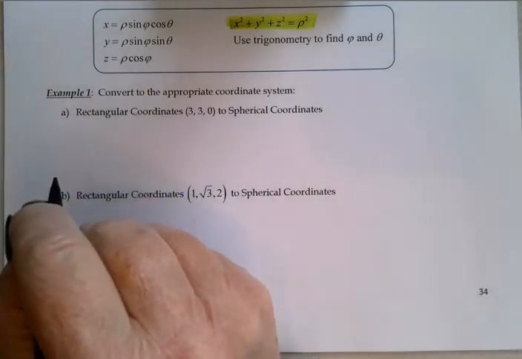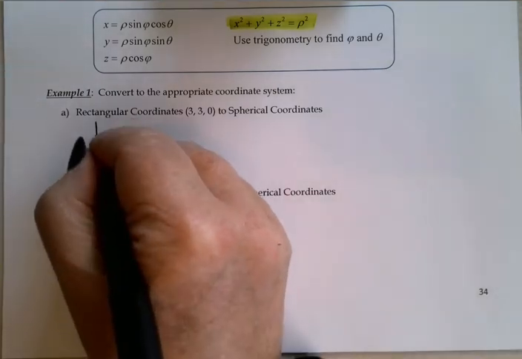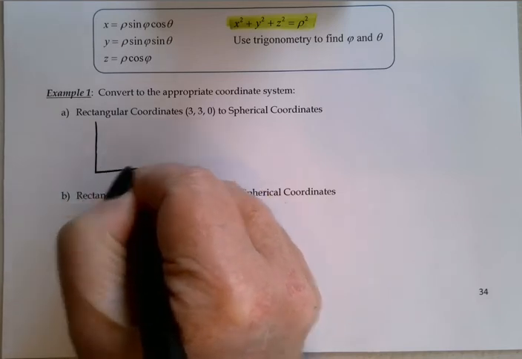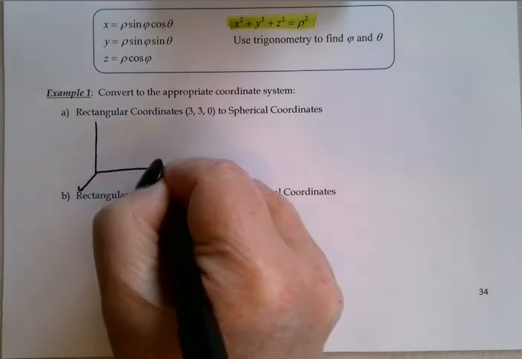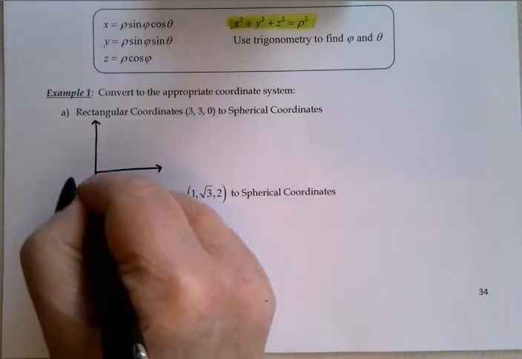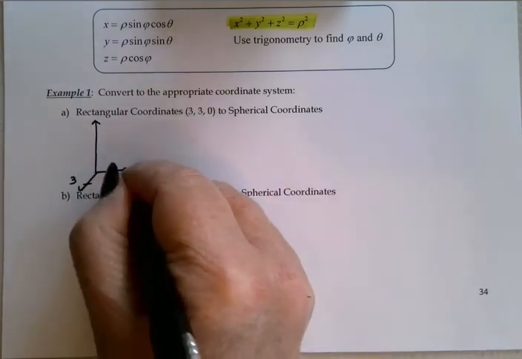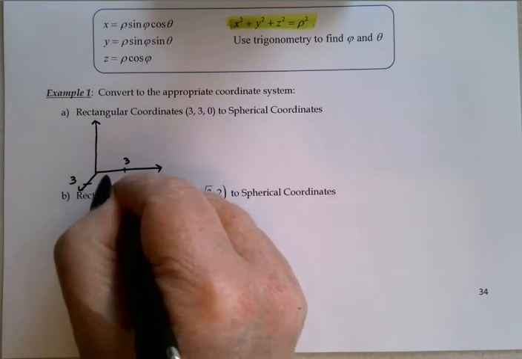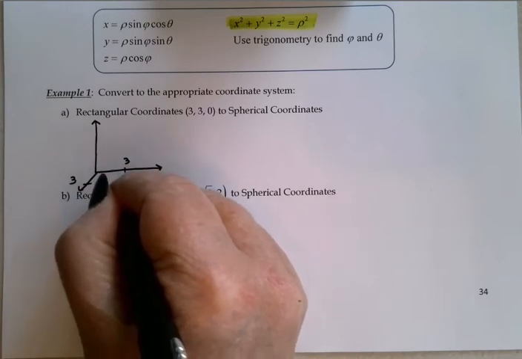So I'm going to start by just imagining where this point is. This is actually in the xy plane, at x equal 3 and y equal 3. So it's about here.